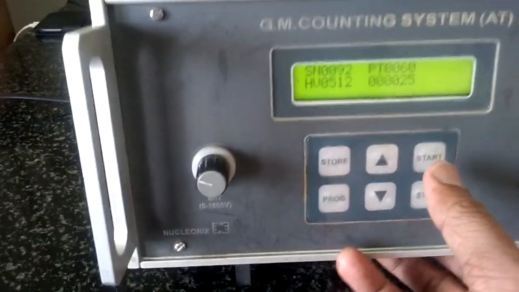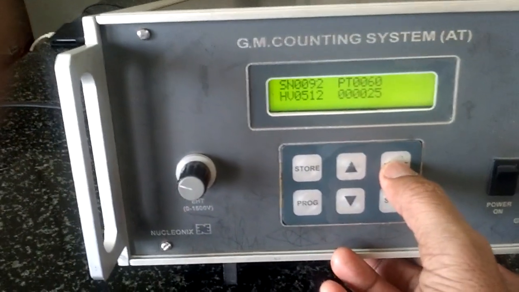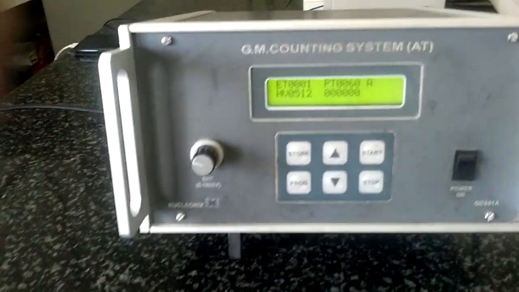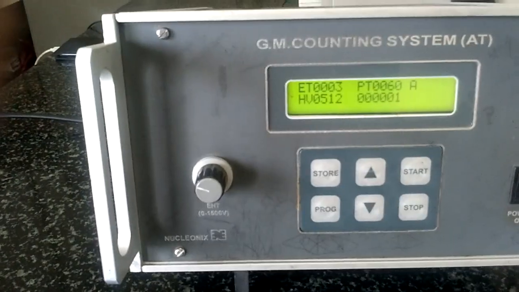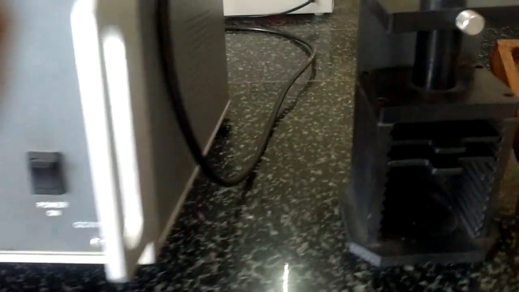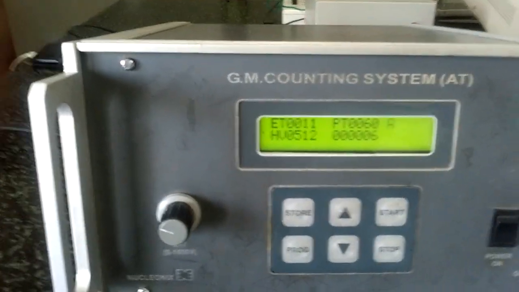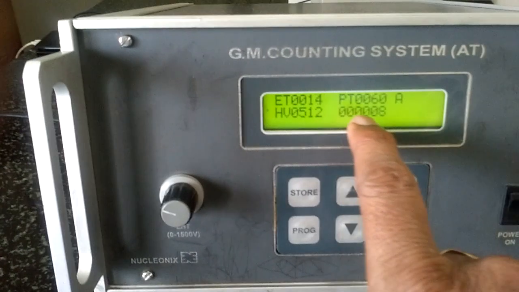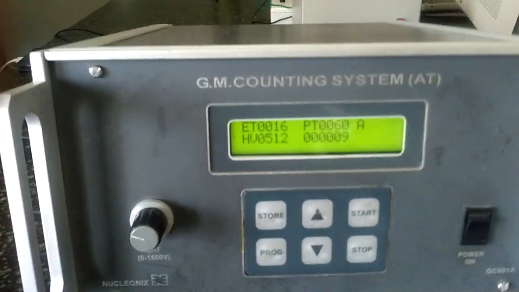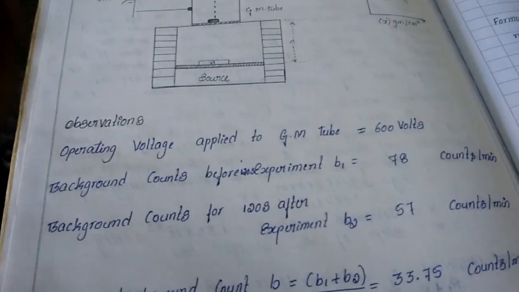Just after setting the GM counter, switch on the start button, and the counts of radiation are recorded without any radioactive source. After completion of these 60 seconds, the time completes automatically. Then you record the radiation counted without the radioactive source.